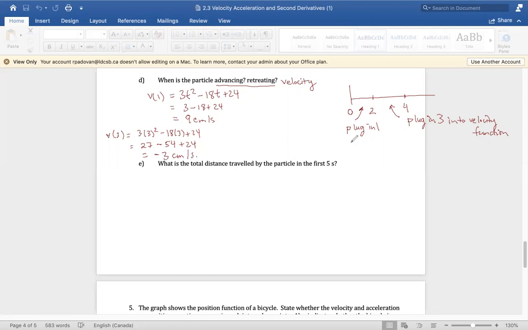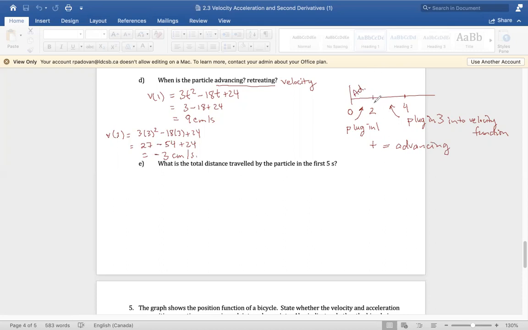So like we said, at a time of 1, my velocity is positive. If it's positive, then it's advancing. So I'm advancing between 0 and 2, and at 2 I am not moving.